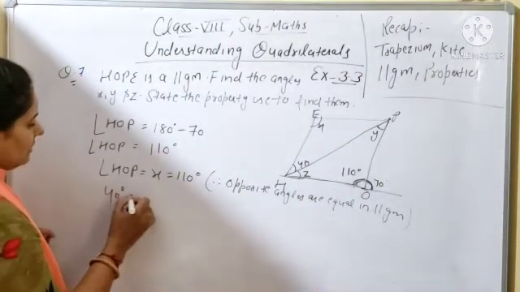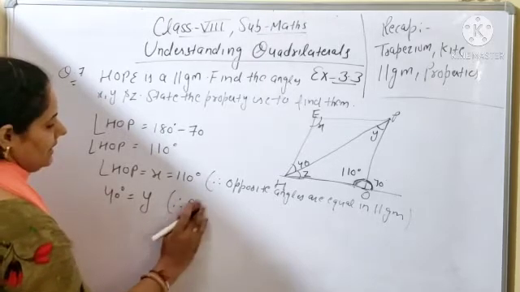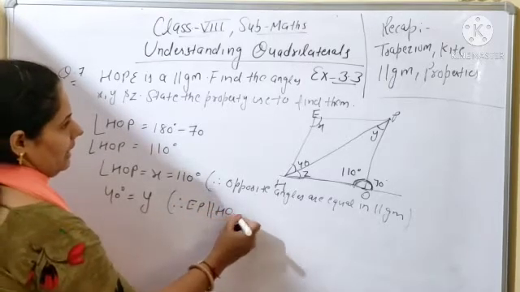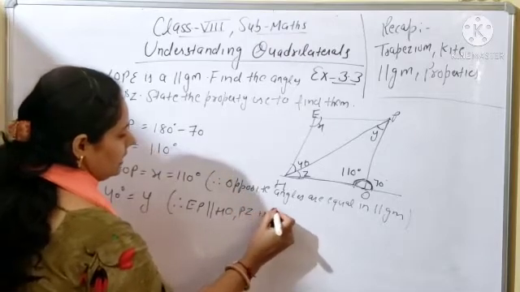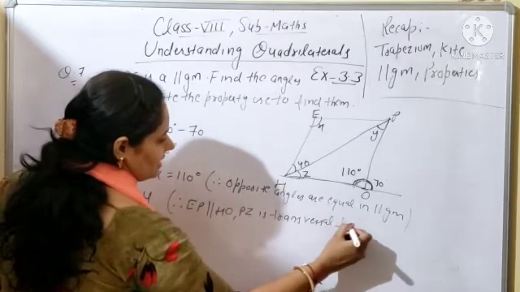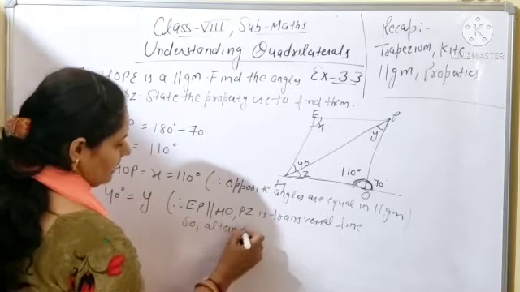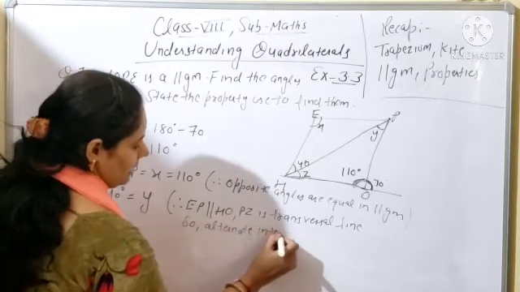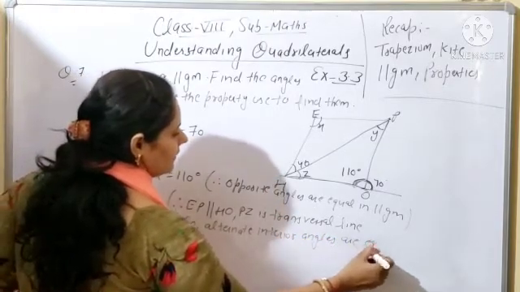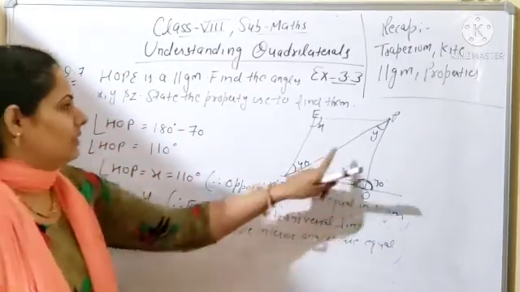So 40 degrees is equal to Y because the EP side is parallel to HO and PZ is a transversal line. So alternate interior angles are equal. Alternate interior angles will be equal. So 40 will be equal to Y.